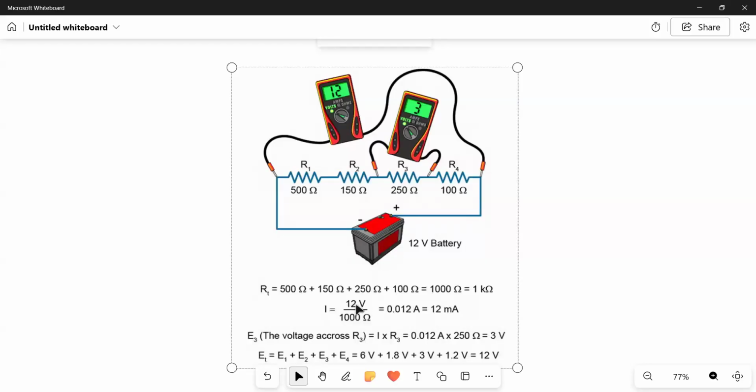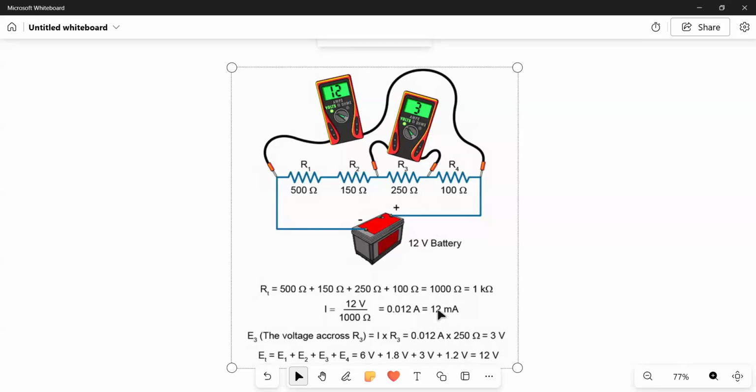That's what the battery is producing. 12 volts over total resistance of 1K ohms, which is 1,000 ohms. As you can see here, the current is very small, 12 milliamperes.